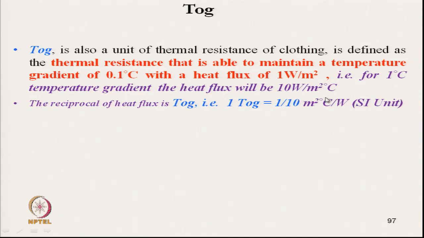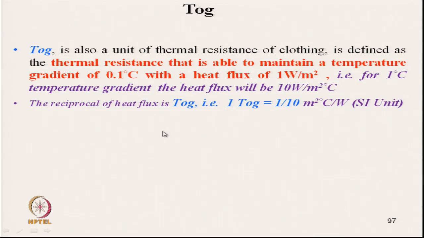So, for 0.1 it is 1 watt per square meter, and for 1 degree Celsius it will be 10. That means the reciprocal of the heat flux is the tog. So, 1 tog is equal to 1/10 square meter degree Celsius per watt, which is the SI unit.